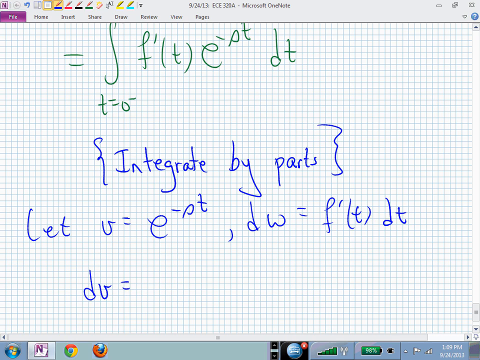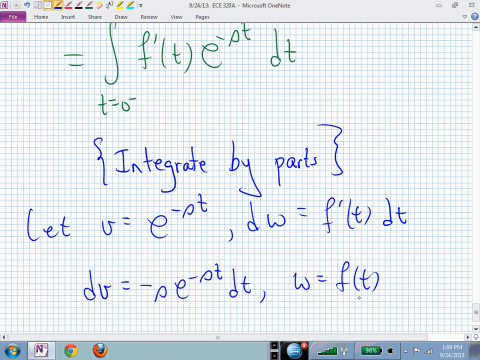What's the derivative or the differential of v? Is that okay? The derivative of e to the x is e to the x. But x is a little bit more involved, and so we have to incorporate that. If dw is f prime dt, what's w?